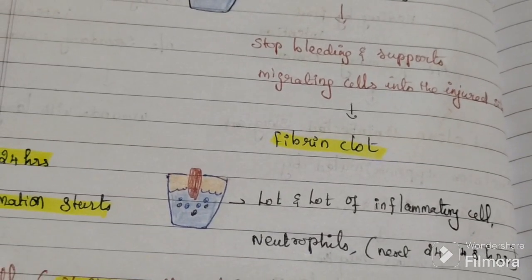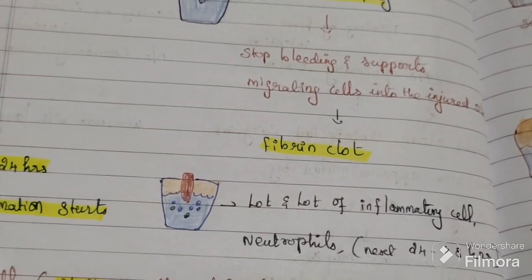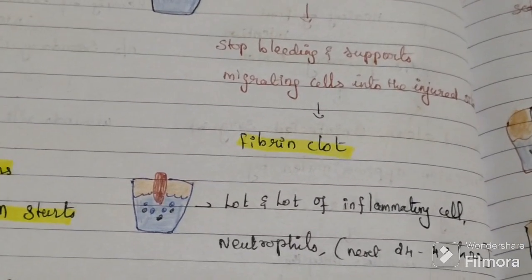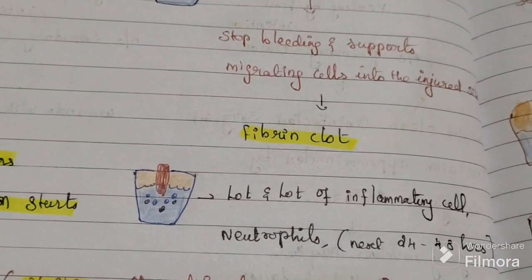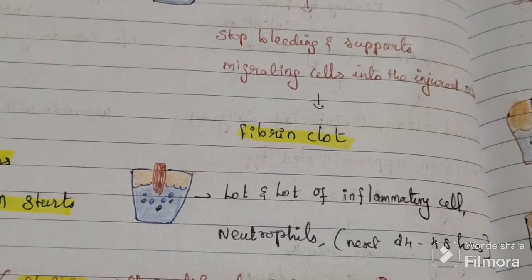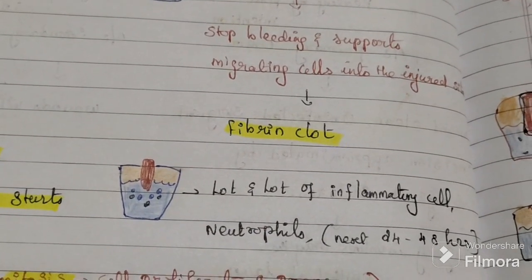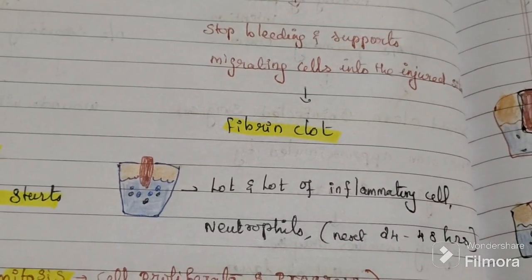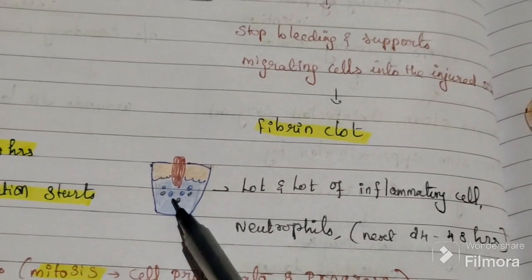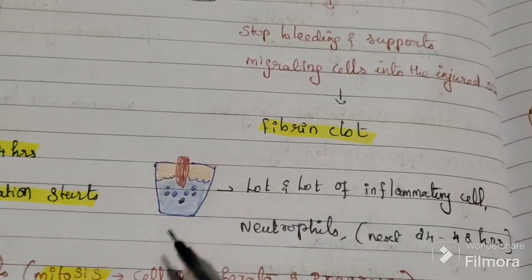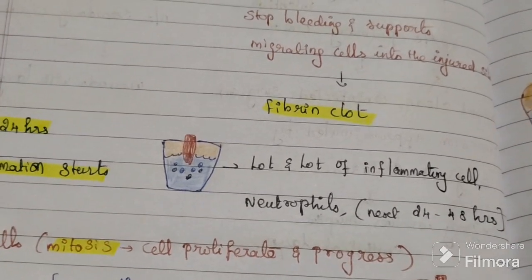Next, what happens in the next 24 hours? The inflammation starts. Inflammation started means inflammatory cells will come, where we know that in the acute phase of inflammation a lot of neutrophils start coming towards the site of injury.